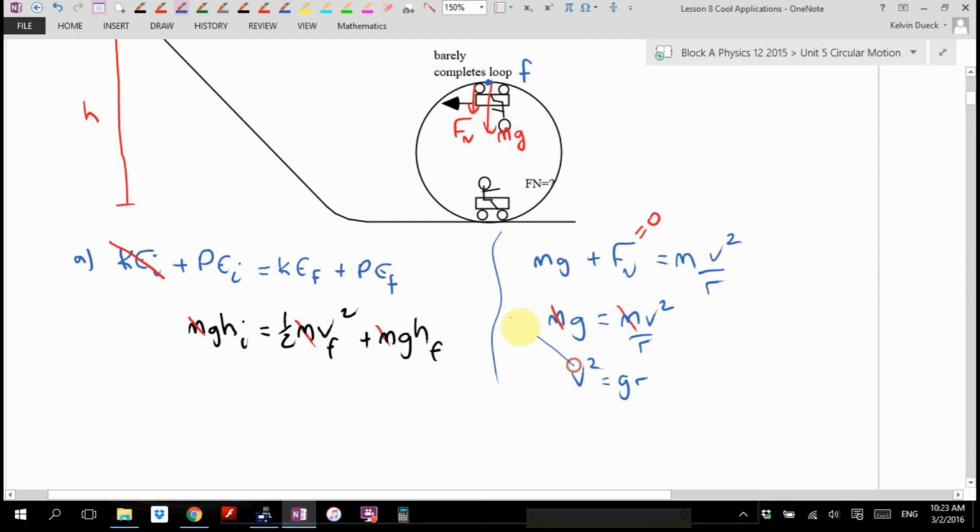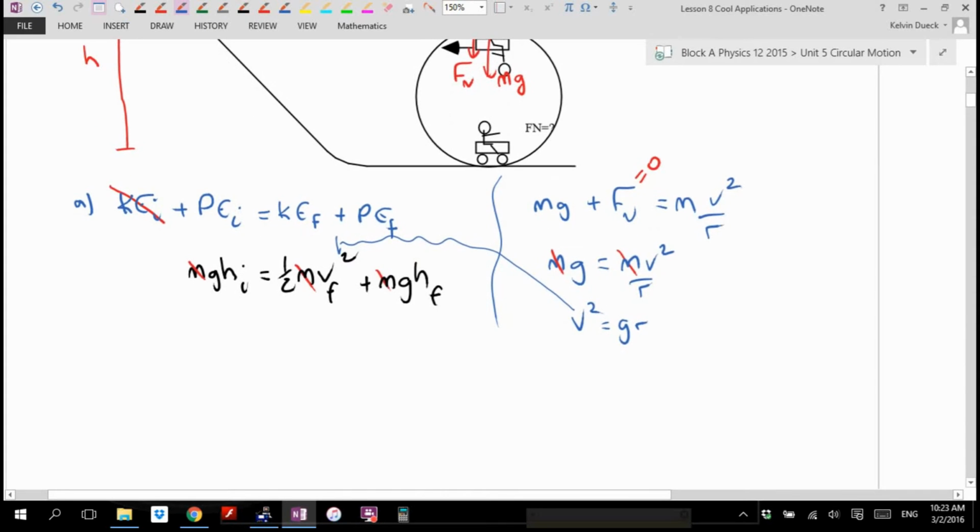So what can I replace the v squared with? All right, so I get this. g h initial, and what we want to find is my initial minimum height, equals a half gr plus g, and then stop. Don't write h final.